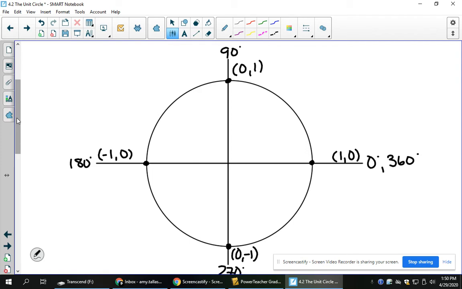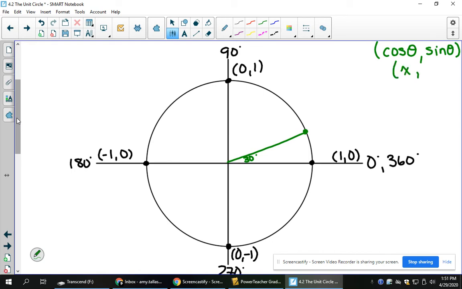The first thing I want us to draw, and you can use a different color if you want, is a 30-degree angle. Now at 30 degrees, if we refer to the previous slide of special triangles, remember that your ordered pairs tell you cosine and then sine.